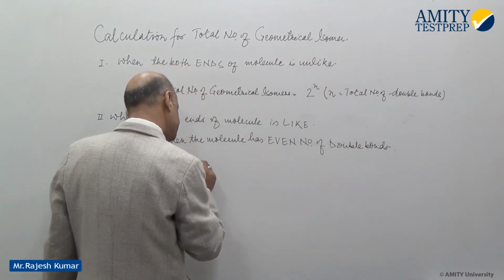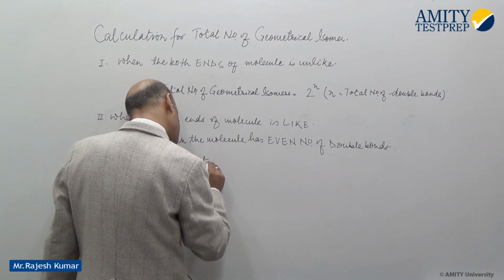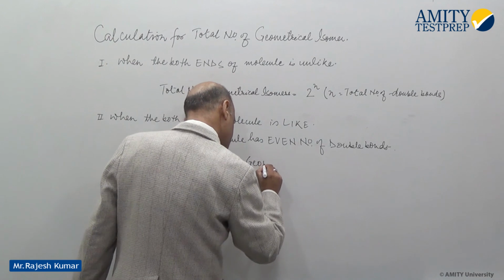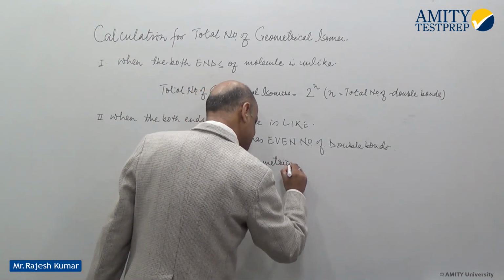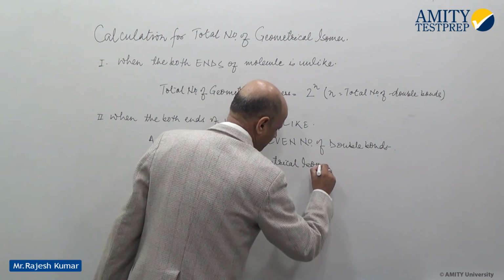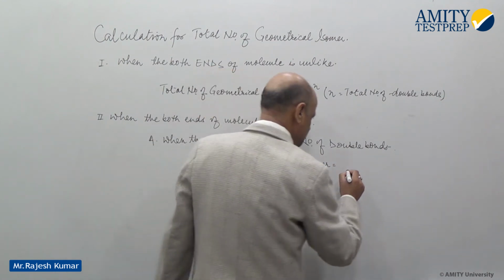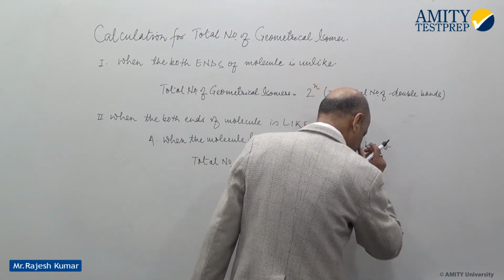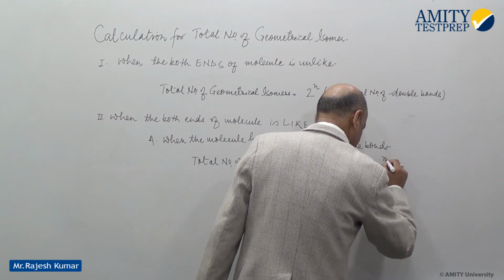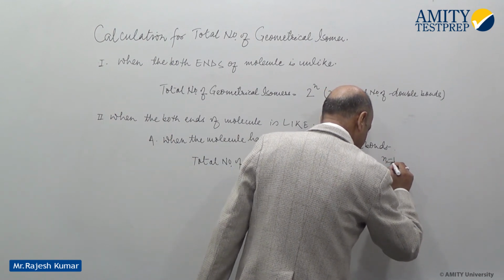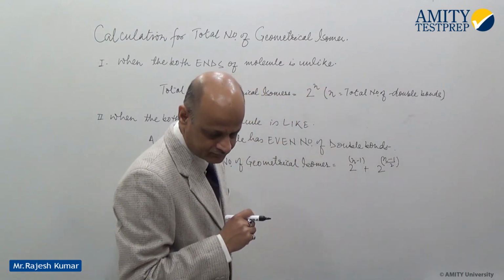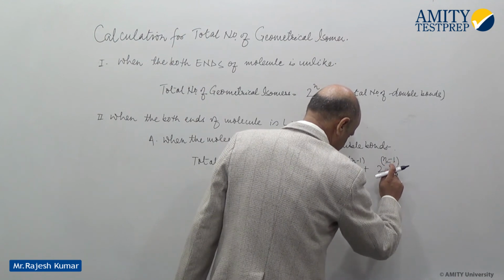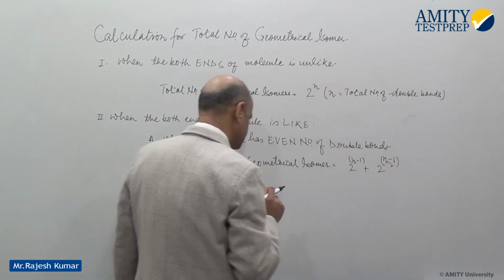Then the total number of geometrical isomers is equal to 2 raised to the power n minus 1, plus 2 raised to the power n by 2 minus 1.